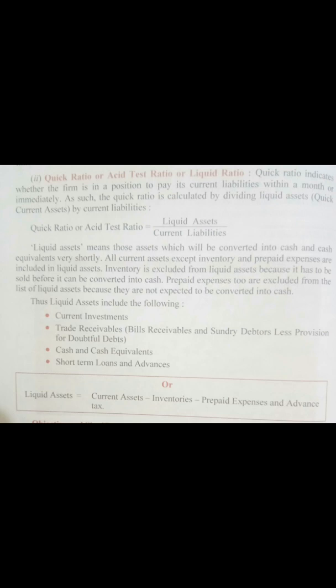Okay, so here we have to consider the quick liquid assets. For calculating quick ratio, we have to find out the liquid assets which can be easily converted into cash, and for that we have to consider all the current assets except inventory and prepaid expenses. And the formula for calculating quick ratio is liquid assets upon current liability.